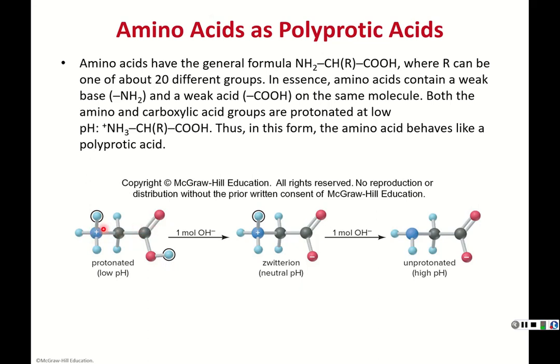Sorry, this is not the side chain, it's the amino group in the amino acid. So all amino acids have this amino group and a carboxylic acid, right? So they lose that first proton off the acid group first, and then they would lose the second proton off of the amino group.